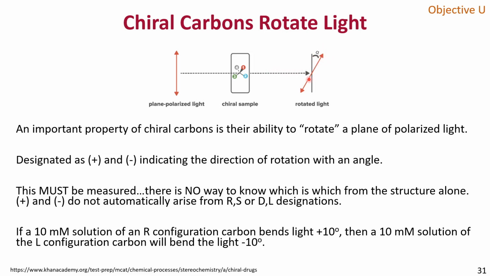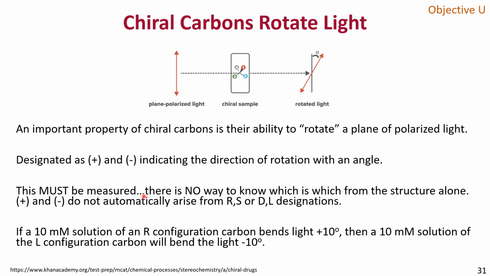Polarized light is where you cut off all the possible orientations except for one that's all aligned. Different chiral carbons will rotate a different amount, and that angle of rotation is the alpha. If you're D, you'll rotate alpha in one direction. If you're L, you'll rotate alpha in the other.